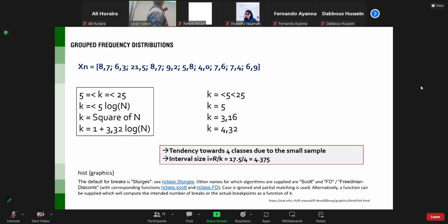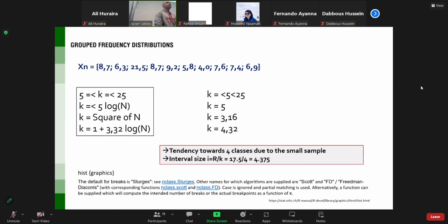The first one will be something between 5 and 25, so you can say 5. The second one gives a 5 logarithm of n, 5. The square root of n, 3.16. The 1 plus 3.32 log of n, 4.32. So there is a tendency for all of those rules of thumb to be more or less 4 or 5.